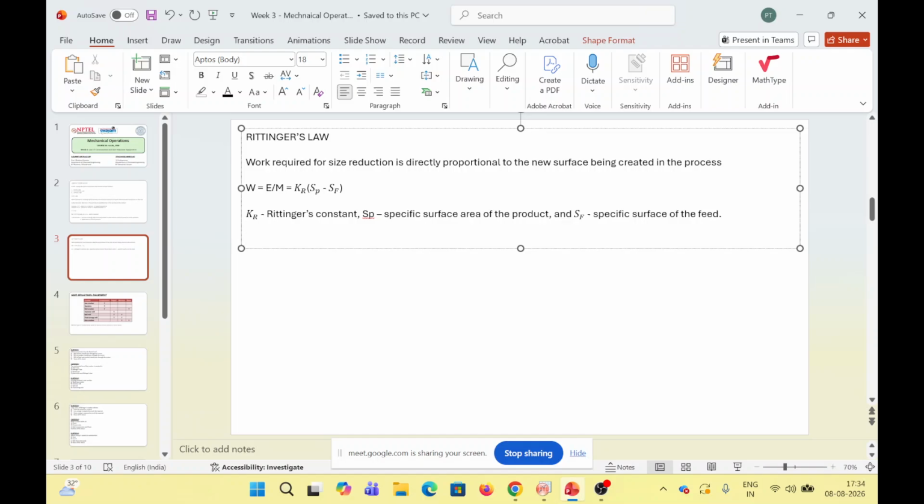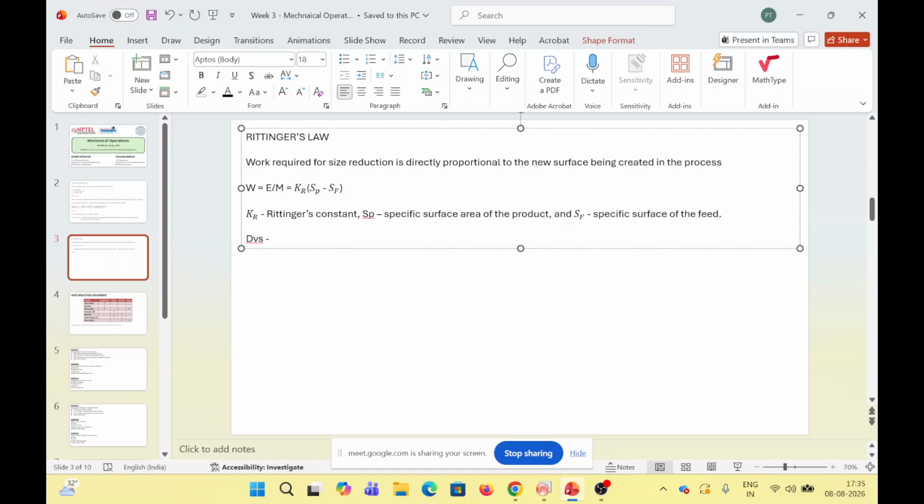For this, we are going to express S_P and S_F in terms of the Sauter diameter, d_vs.